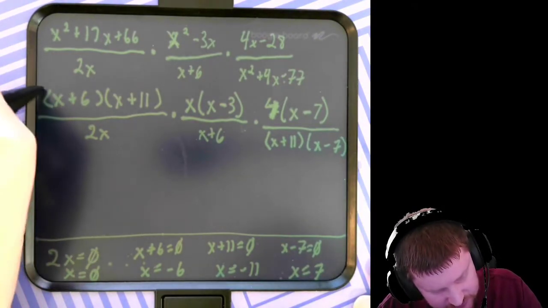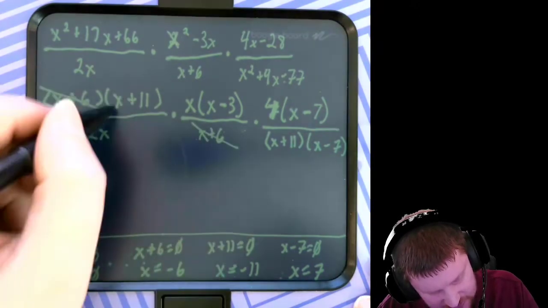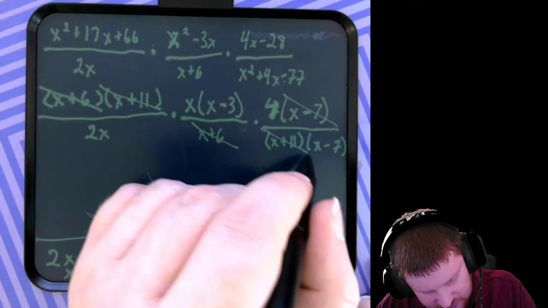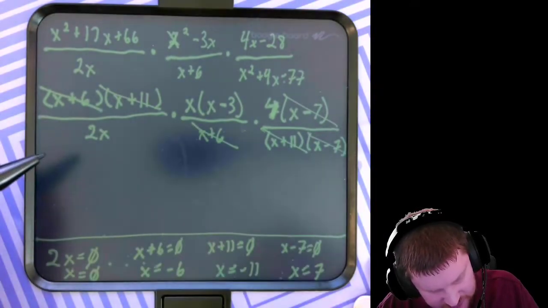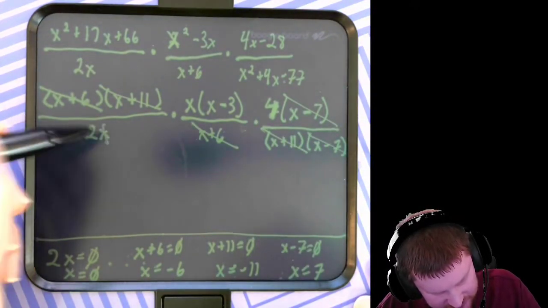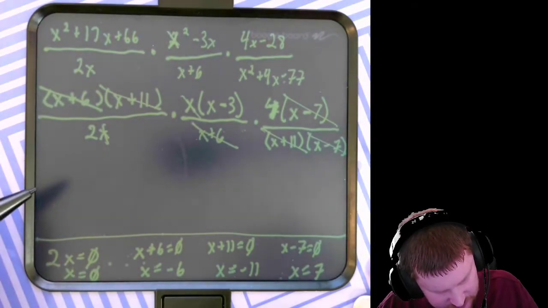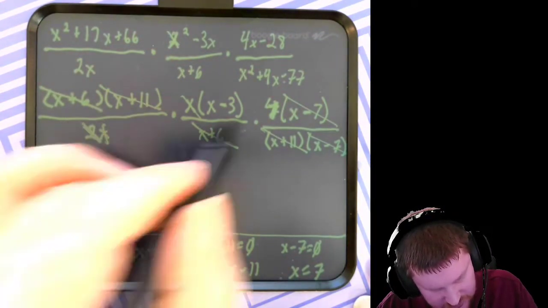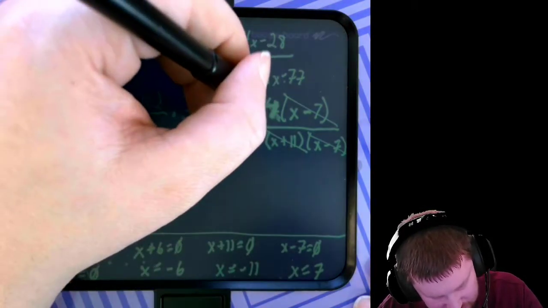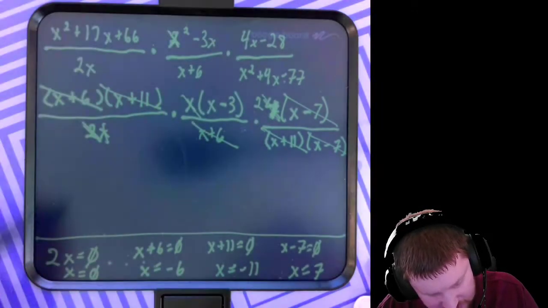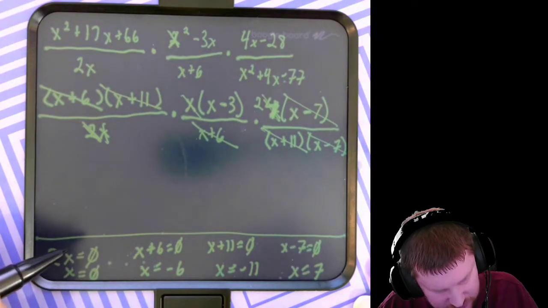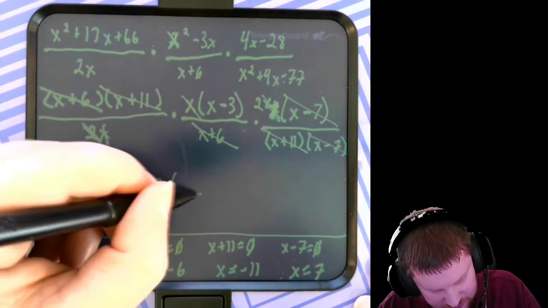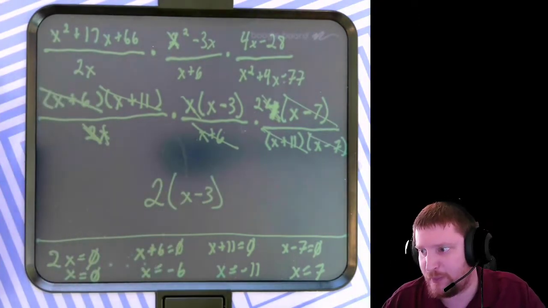Now let's see what cancels. X plus 6 and x plus 6 cancel, x plus 11 and x plus 11 cancel, x minus 7 and x minus 7 cancel, x and x cancel. 2 and 4 don't cancel, but the 2 on the bottom divides into the 4 on top to give me 2, meaning after all that I'm just left with 2 and x minus 3 on top.